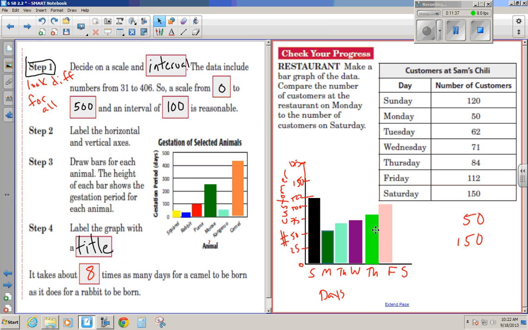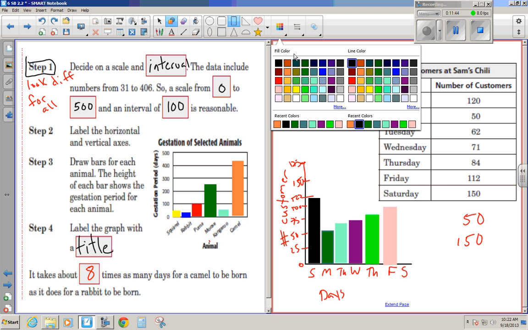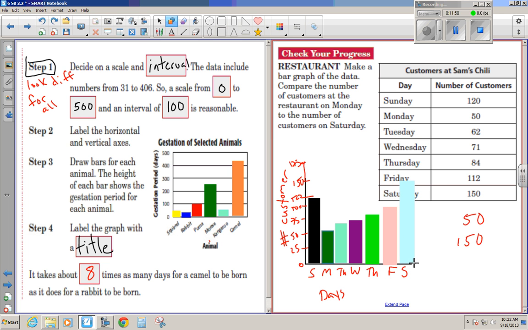And then on Saturday, all the way up to 150. So the question asks us to compare at the restaurant on Monday to the numbers on Saturday.